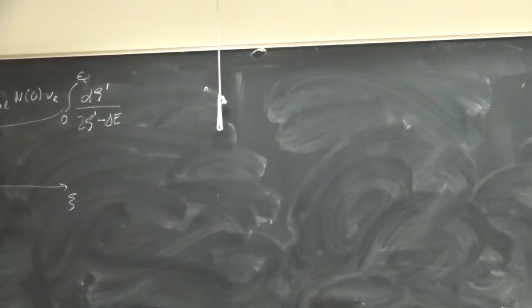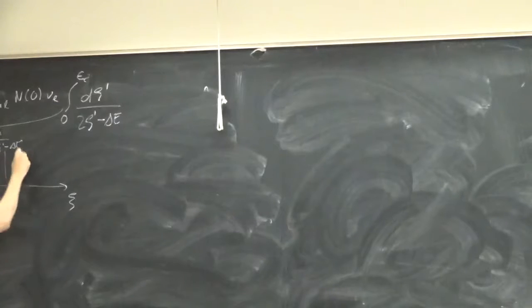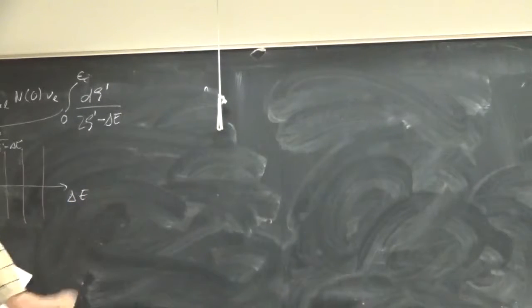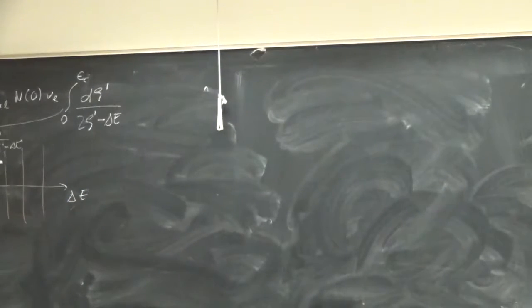So I can make a sum over psi prime, 1 over 2 psi prime minus delta E. And then I have discrete values of psi prime. So I have here such discrete lines. And I can now insert, sorry, this is not psi, this is delta E. And now I can plot this as a function of delta E. That's this here.